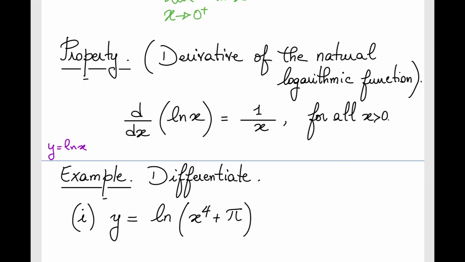If you call y to be ln of x, that's the same thing as saying that e^y is equal to x, right? If y is f inverse of x, then f of y is equal to x, right? That's what we have.